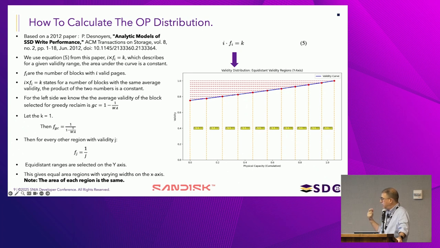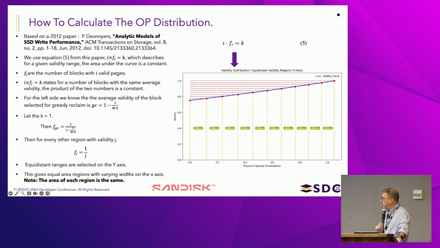So the rate that you're transitioning from one region to the other as you're creating invalidity is equal. So when you get over to the left-hand side of this curve, that's the block that you're going to choose to garbage collect in a greedy algorithm.